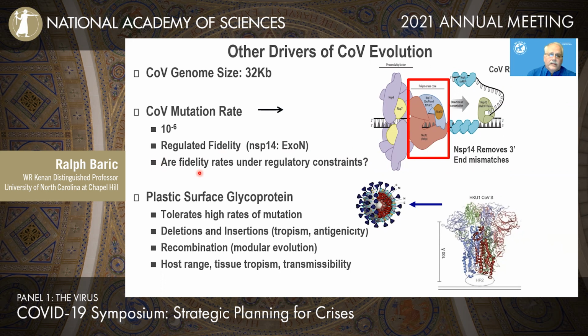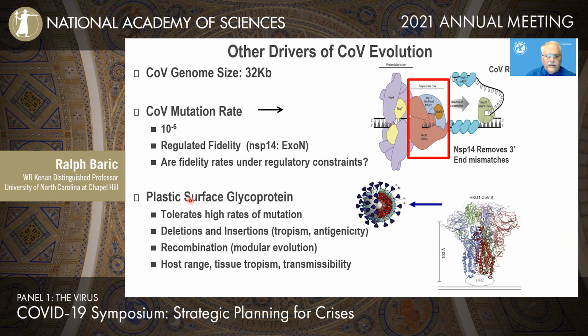One thing that we don't know is whether these fidelity rates are under regulation so that they can be adjustable depending on the environmental scenario, such that when they need to evolve quickly, the fidelity rate is reduced, or increased when they need to be stable, when they're in a stable scenario.